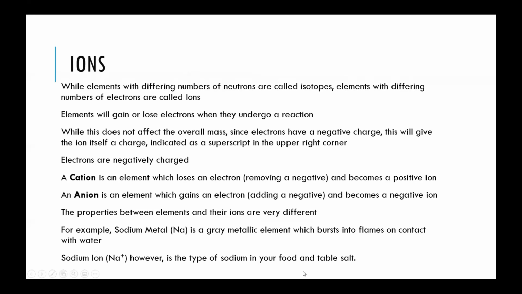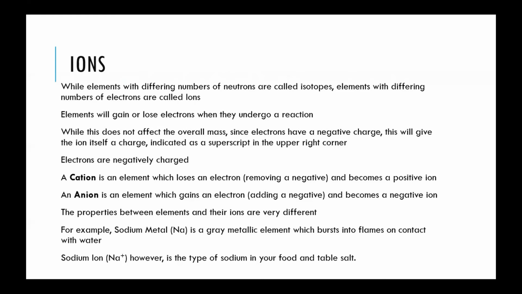The last point I'm going to touch on is ions. So while isotopes are elements with varying numbers of neutrons, an ion is an element with varying numbers of electrons. So whenever an element undergoes a reaction, typically it's always with the electrons.